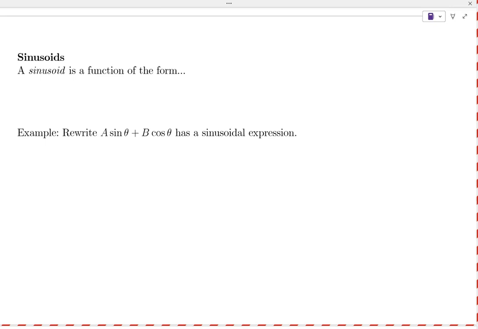So what do we mean by a sinusoid? One of the things that you do in modeling is that if you have repetitive data, maybe temperature data over the course of a year, or maybe you have sales data over the course of a year, which also fluctuates up and down depending on the season, or maybe you're looking at tides, which go up and down.